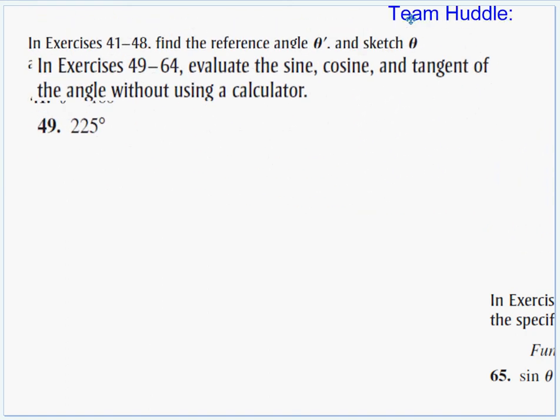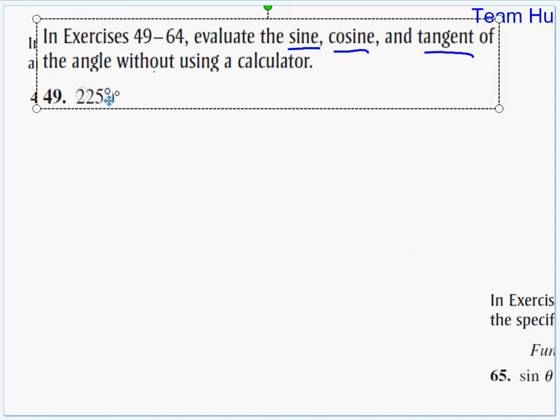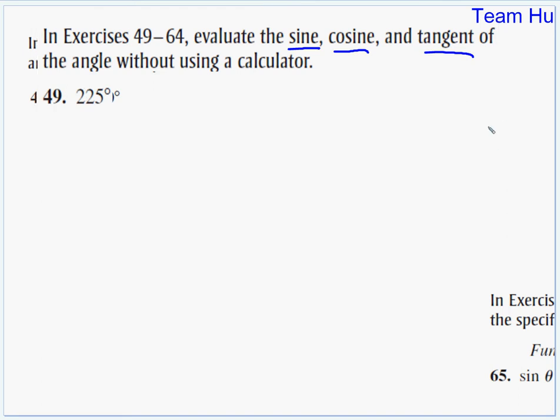Now here we're going to find this without a calculator. So the steps are: find the reference angle, get the value from the table, and choose positive or negative based on the quadrant. Here they're talking about three of them: sine, cos, and tan. First, let's find our reference angle. I like to sketch it. 90 degrees, we need to go farther. 180, we need to go farther. 270, we've gone too far.